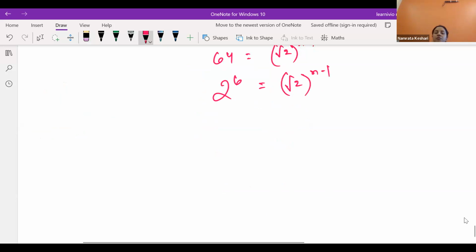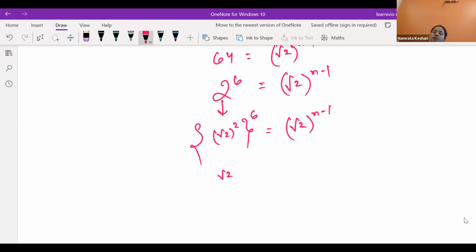Now let's move on. This 2 can be written as root 2 square, right, Nabeela? Yes, ma'am. And then power 6. Now root 2 to the power 12 over here, root 2 to the power n minus 1 over there.